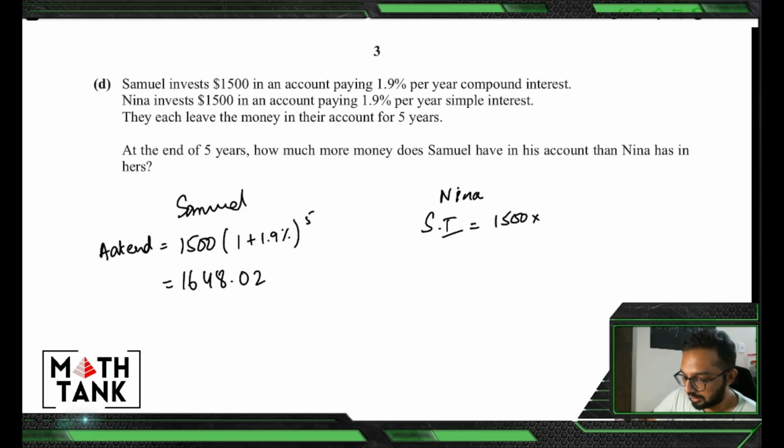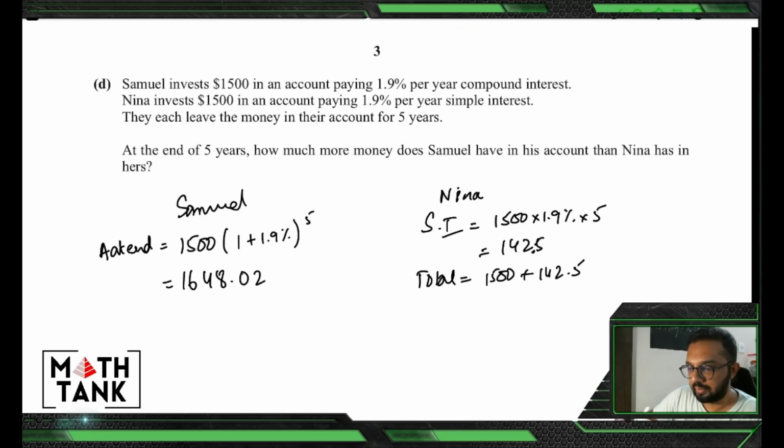P times R times T. 142.5. So total 1642.5. How much more? 1648.02 minus 1642.5 is 5.52.